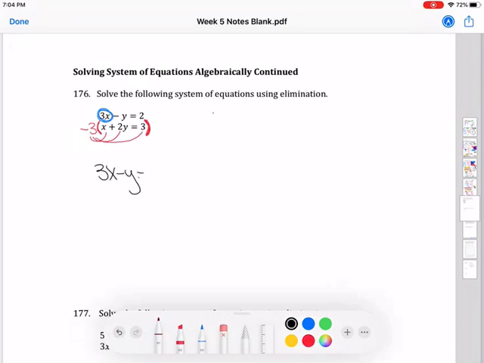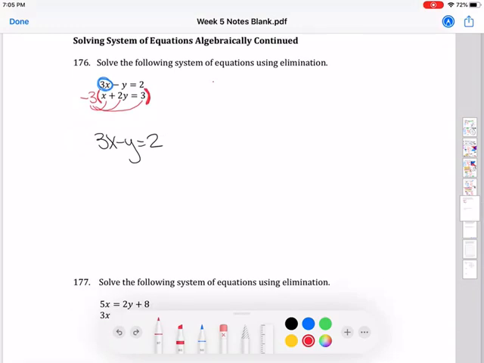So I'm going to rewrite that top equation just to keep my work organized. Again, I just took that equation and rewrote it. That's all we did. And then I distribute that -3 through. So -3 times x is a -3x. -3 times positive 2y is a -6y. The equal sign comes down when you're distributing over it.